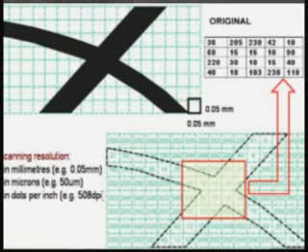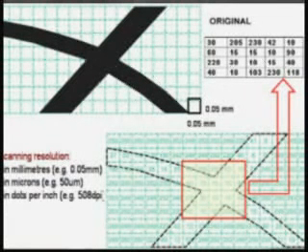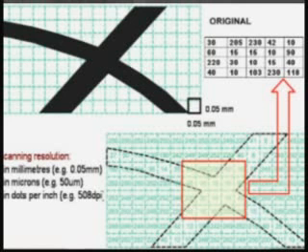That means 800 dots per inch. In 1 inch, you will be able to recognize 600 dots. In this case, you are able to distinguish 508 dots per inch. So that is the resolution. You have scanned your map at 508 dpi.